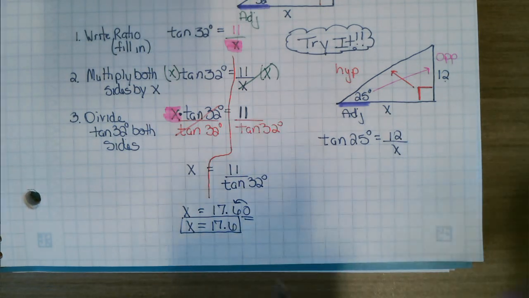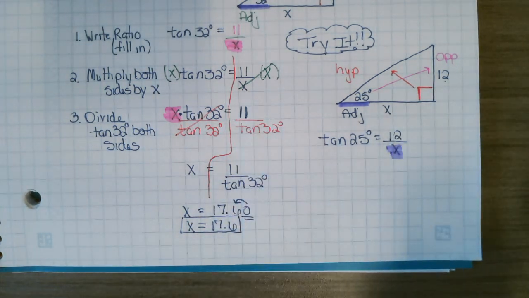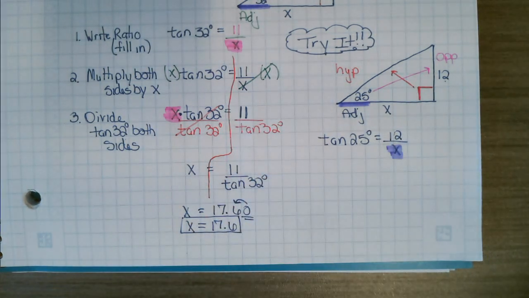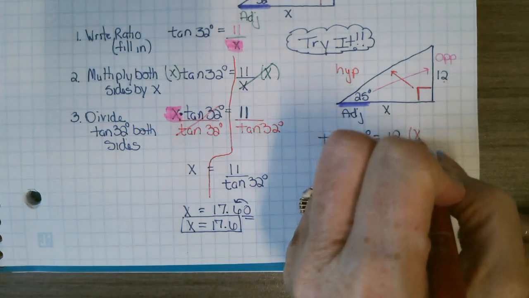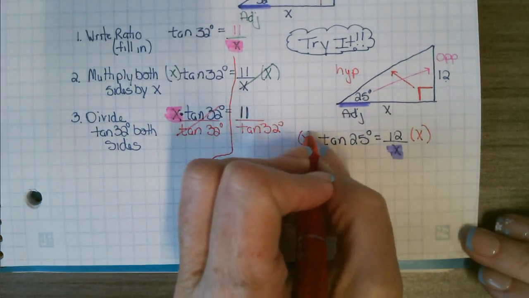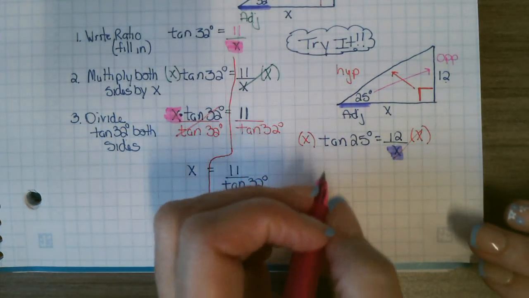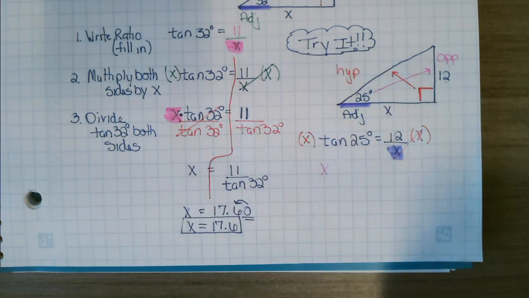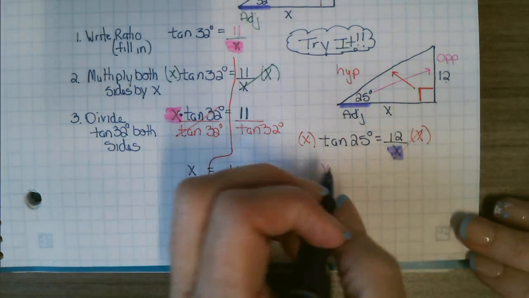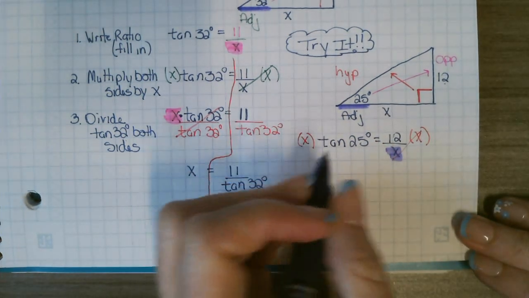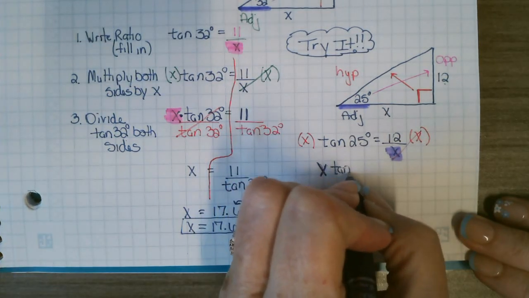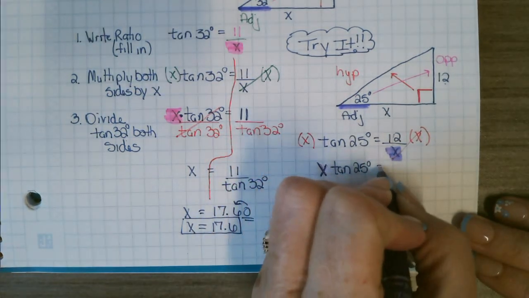And then we're going to start moving our items. So this means that I'm going to multiply by x on both sides. That cancels out my x there, leaves me with x tan 25 equals 12.